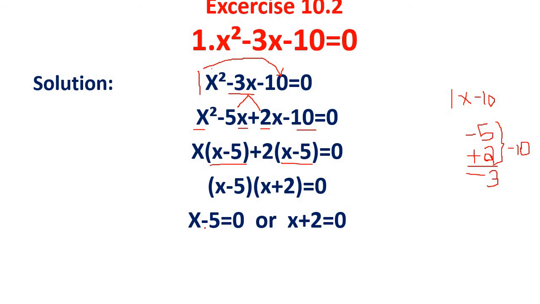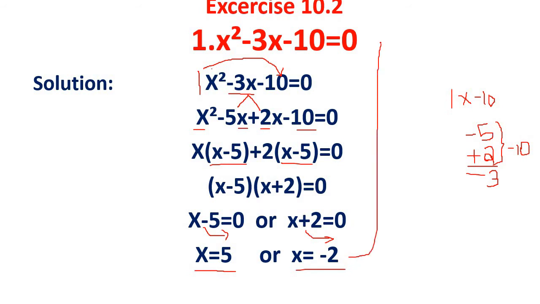So transpose this 5 to RHS and plus 2 to RHS, and what you will get? You will get x is equal to plus 5 and x is equal to minus 2. So x is equal to plus 5 and x is equal to minus 2 are the roots of the quadratic equation x square minus 3x minus 10 is equal to 0.